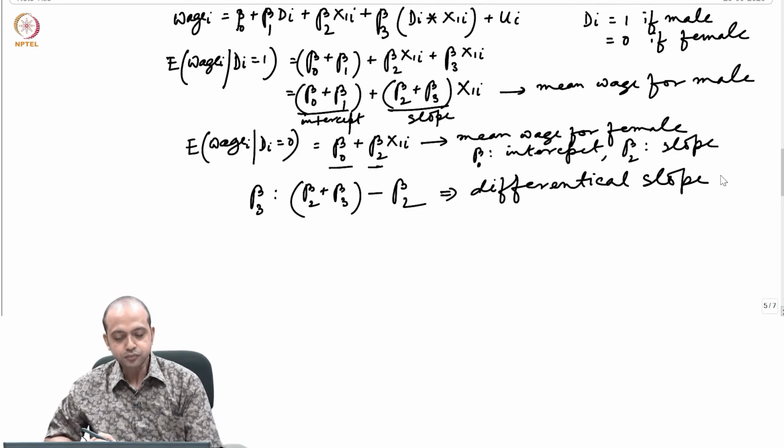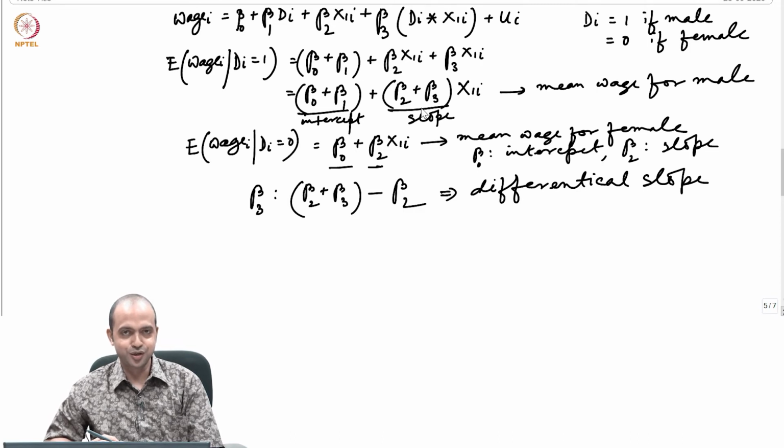That means, when education increases by 1 unit, the increment for the male category is beta 3 units higher than that of their female counterpart. For a unit change in education, the average wage for the male category increases by beta 2 plus beta 3 units, while for a unit change in education, the mean wage for the female category increases by only beta 2 units.